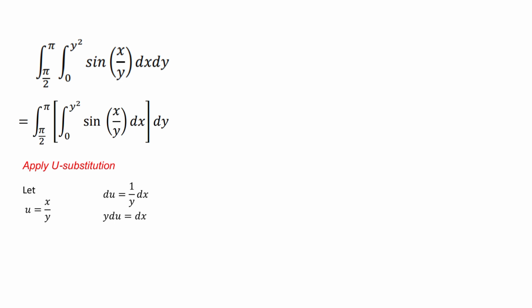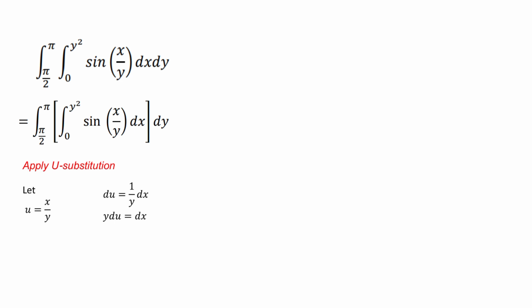Next, we need to apply the u substitution. We let u be equal to x all over y and du is equal to 1 over y dx. Multiply both sides by y. We have y du is equal to dx.